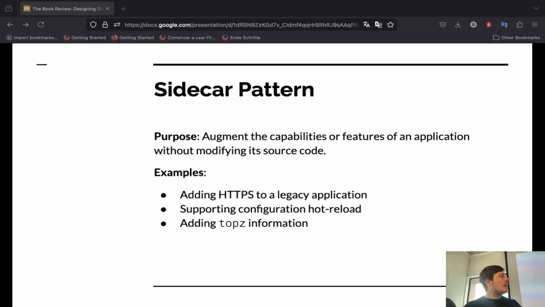And then finally, the first two examples work mostly with legacy applications, as the book mentions, but that's not the only thing this is useful for. In this case, it mentions that we could certainly add an endpoint.